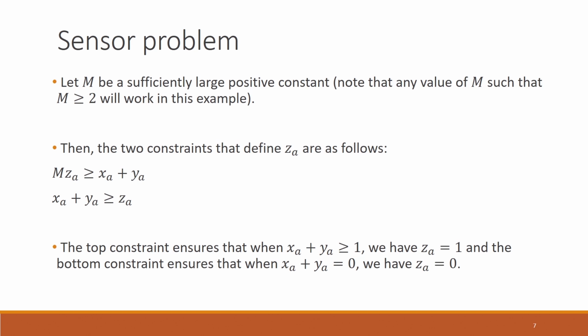Similarly, the bottom constraint allows Za to take the value 1 when Xa plus Ya is greater than or equal to 1, although Za equal to 0 will also work, but that is not a problem, because the top constraint ensures that when Xa plus Ya is greater than or equal to 1, we have Za equal to 1.